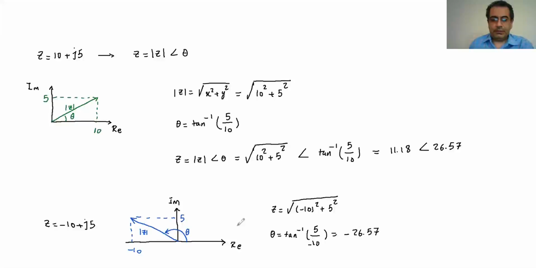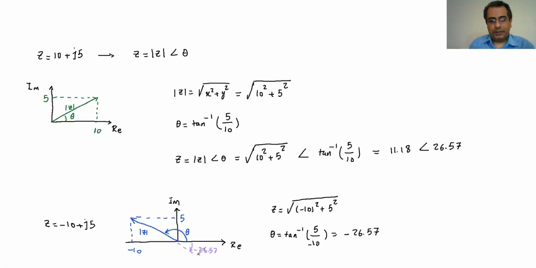26.57. But if you look at that, the negative 26.57 is actually here. This is the negative 26.57. So to get that actual theta, you have to add 180 degrees from here. You have to go 180 degrees to get the theta.